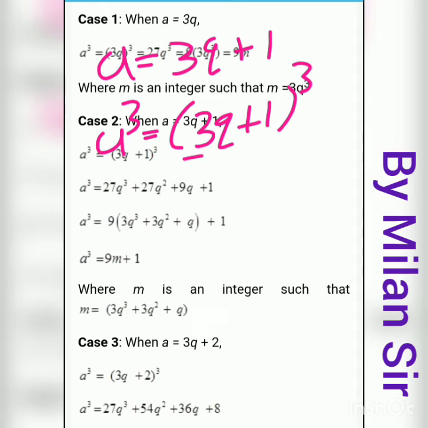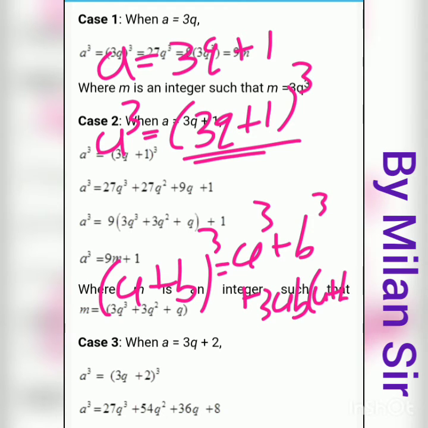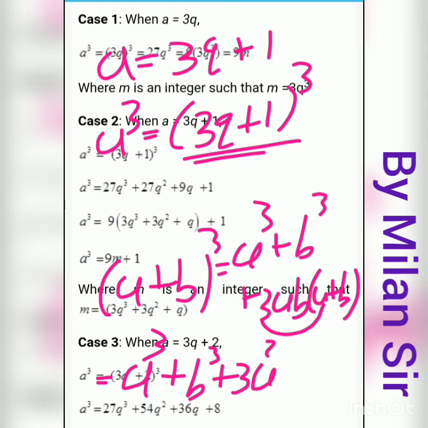Now here we have two terms, so we need to use the identity for cube. What is the identity for cube? (a plus b) all cube is a cube plus b cube plus 3ab in bracket a plus b. If we solve this bracket, what do we get? a cube plus b cube, then 3ab multiply a is 3a square b, and 3ab multiply b is 3ab square.